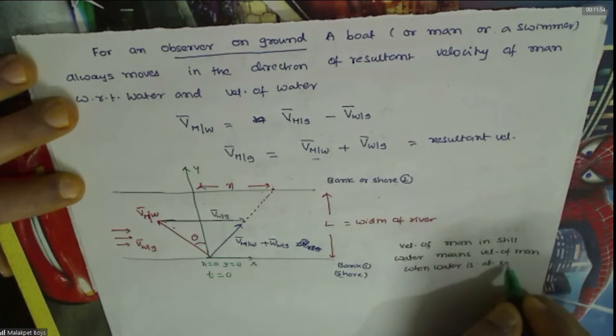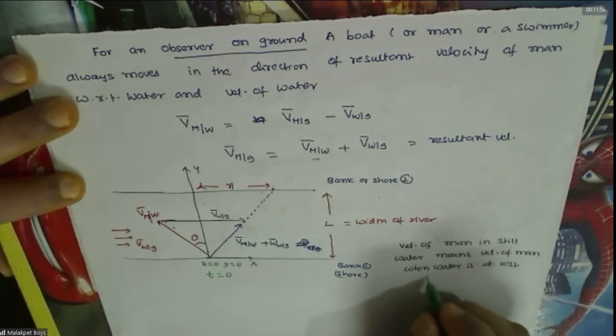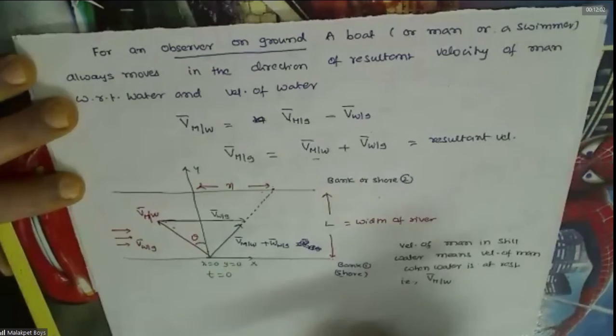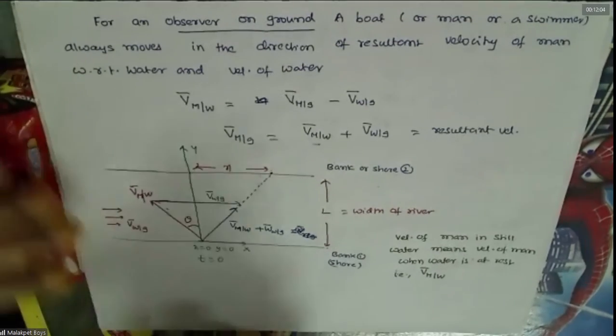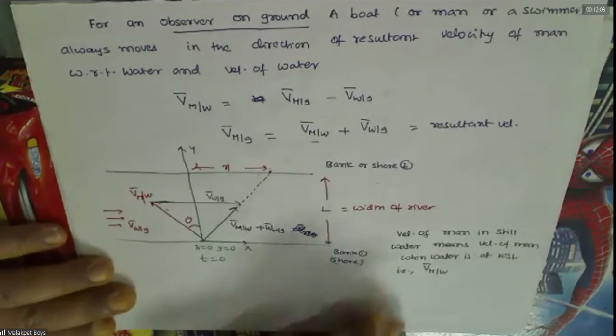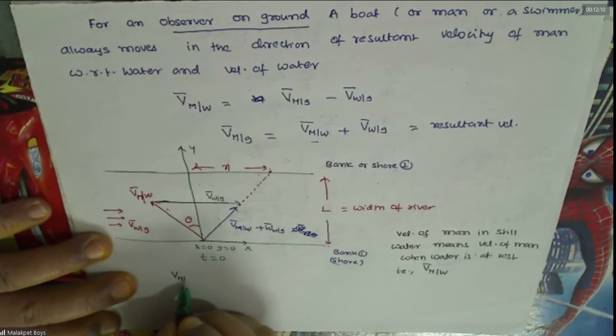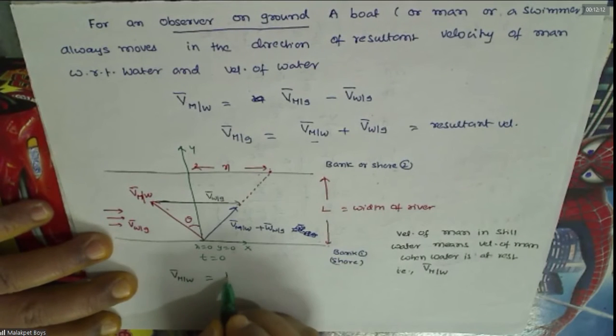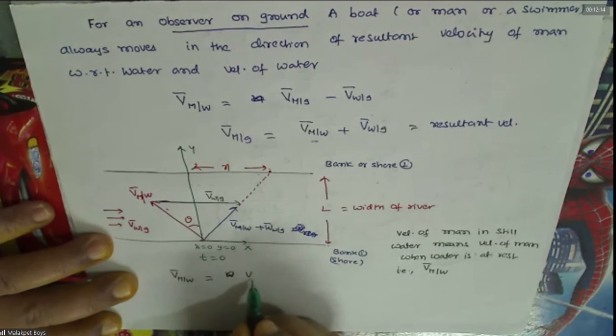Do you agree? That means we need velocity of man with respect to water. That is the meaning. And after that, these distances are with respect to ground. So the first thing we should get is velocity of man with respect to ground. Using the relative velocity concept, we will get this.